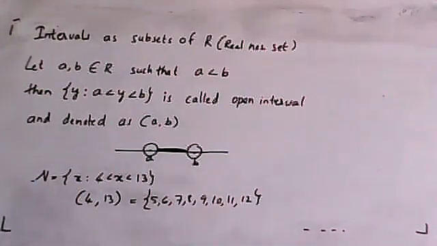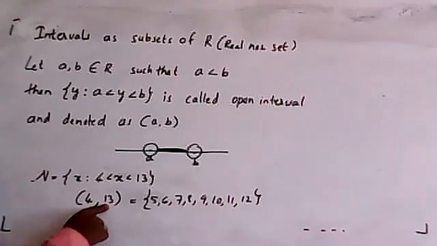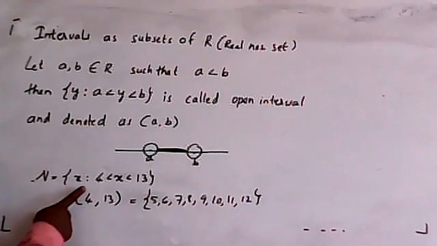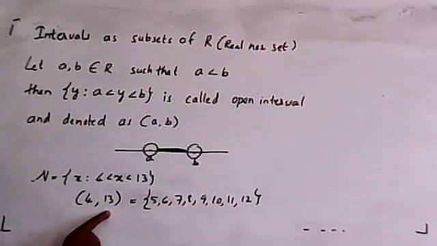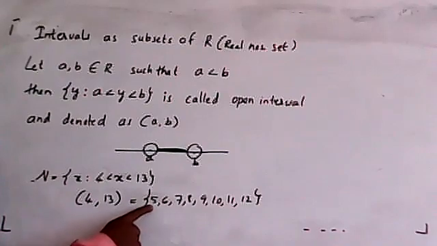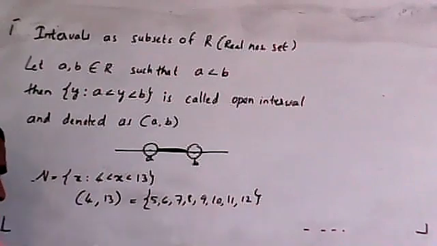See, the set can be represented in a shortcut way in the form of intervals, but the intervals mean either open brackets or closed brackets. Open brackets means wherever you see an open bracket, that number is not included. For example, for 4 we are keeping an open bracket, and for 13 also we are keeping an open bracket. It means 4 is not included, 13 is not included.